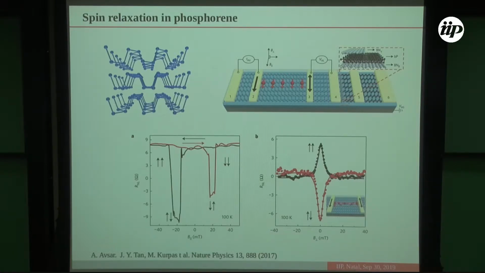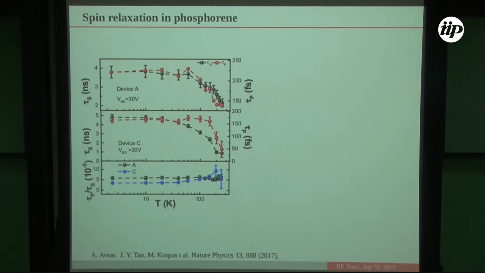The main outcome from this paper was actually this plot. The black dots show the spin lifetime, and the red dots show the momentum lifetime. We see that the spin lifetime really follows the momentum lifetime.